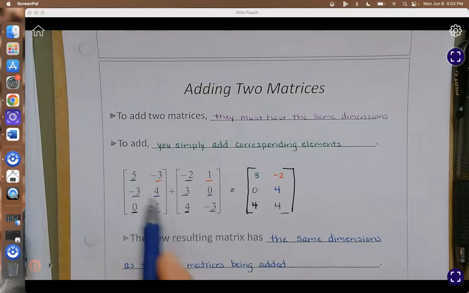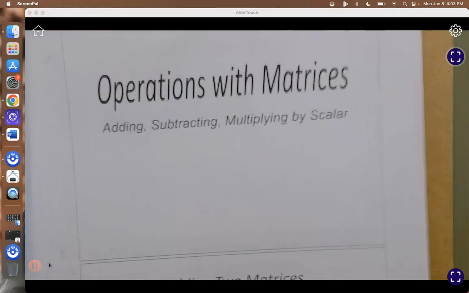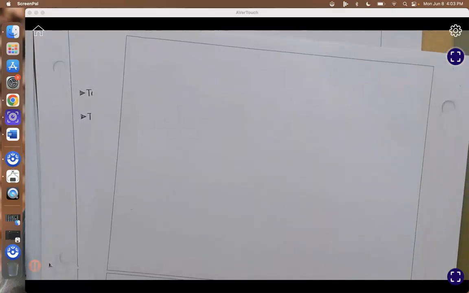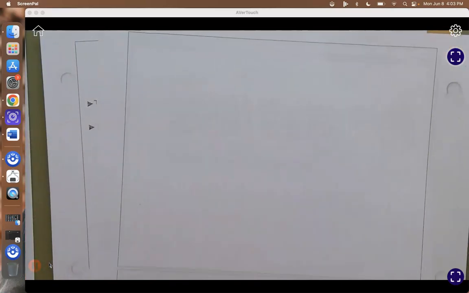So when you're adding them, it's just going to keep it the same. All right, so let's do some examples here. I'm going to do one here and one down here.